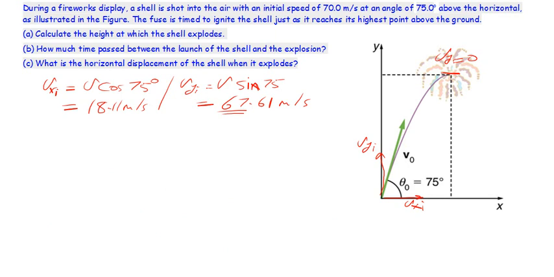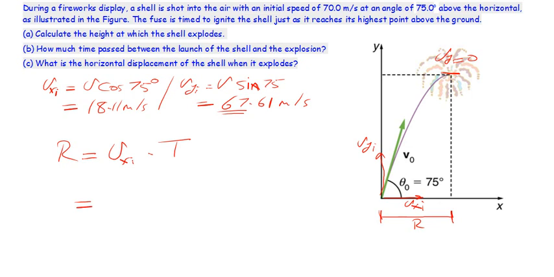Now we need to find the horizontal displacement of the shell when it explodes. In other words, it's asking me to find the range horizontally, or how far from the starting point on the x-axis. So I will find the range, which is the Vx initial multiplied by the total time of flight in air.